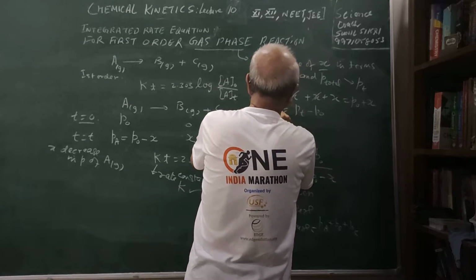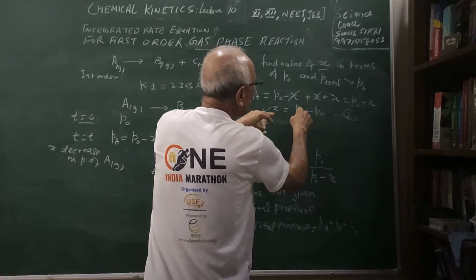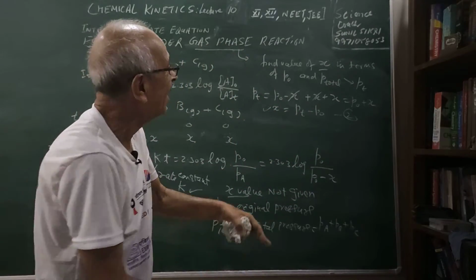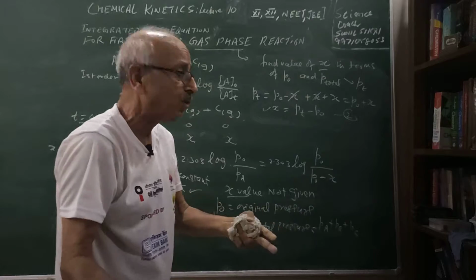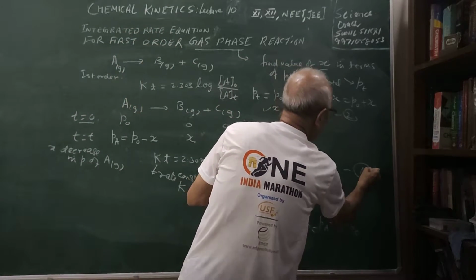This is an important relationship. Since total pressure and P0 are given in the questions, we get the X value from here. Now I substitute this value in equation 1.